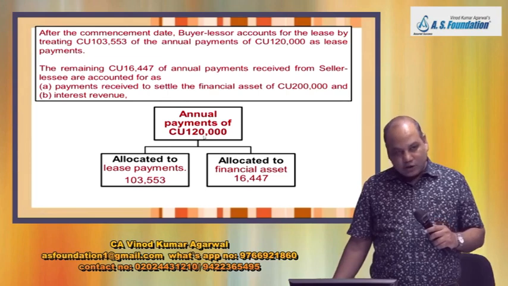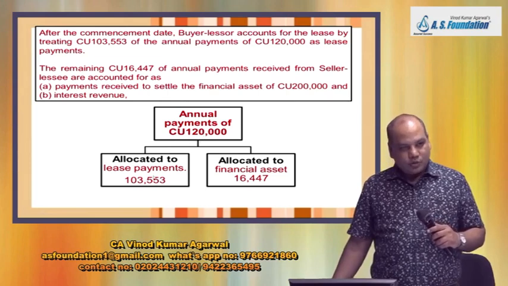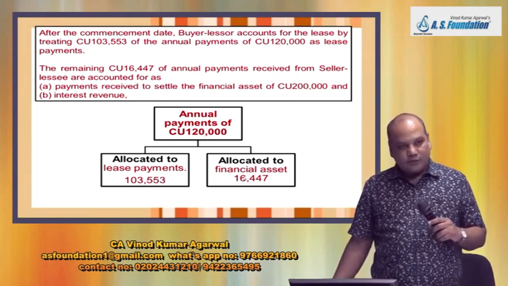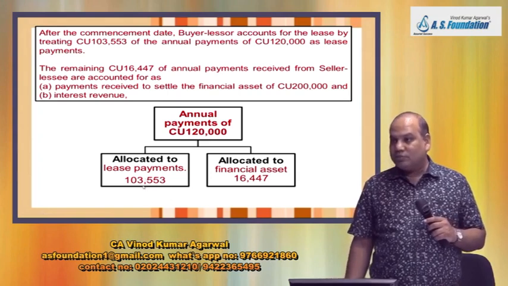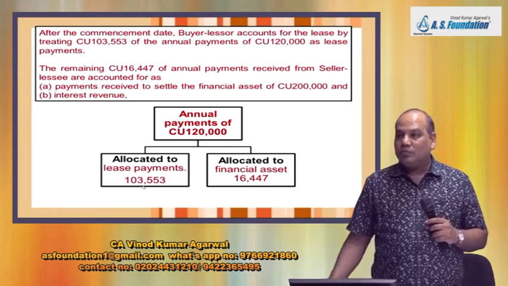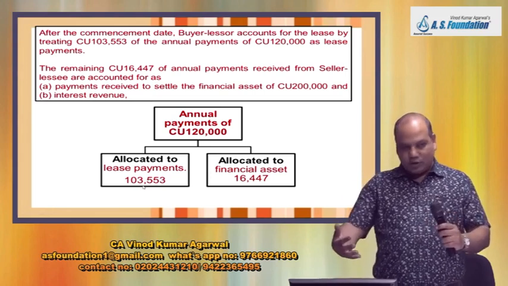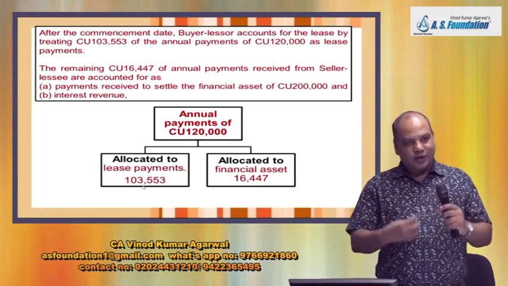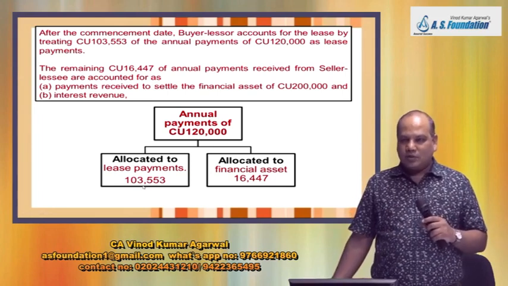So 1,20,000 is split into a portion towards lease payment and a portion towards the financial asset. Remember, both these numbers include interest also. So while recording the transaction, the interest portion will be recorded separately.